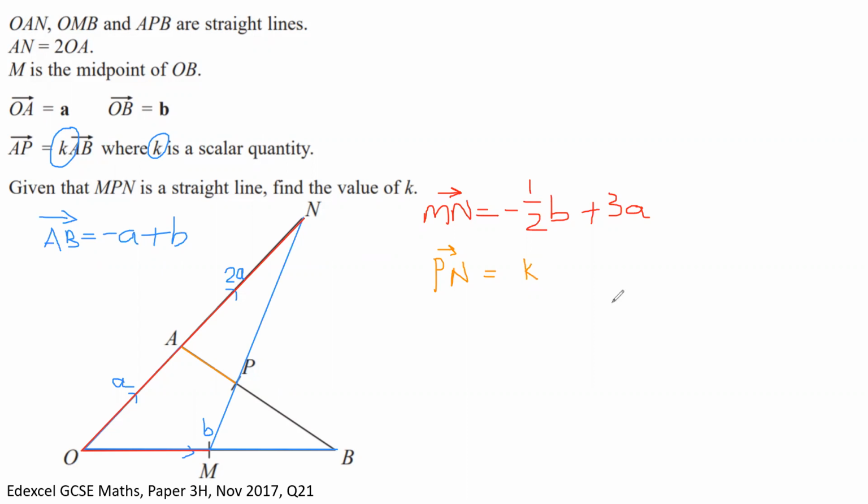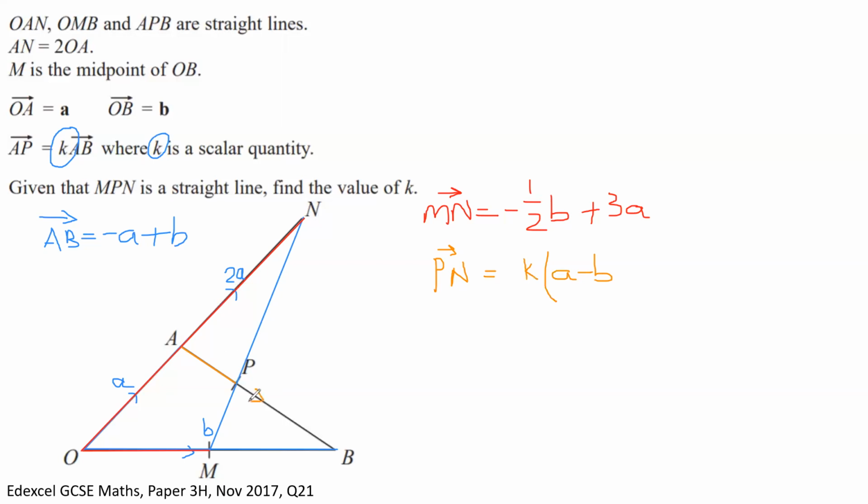of A to B. Now we know that A to B is, as we've done here, we've said that it's a half of B, because we know that it's a half. With this one, we don't know what fraction it is. We just know that it's K. And again, because we're going backwards, we need to reverse the signs on this. So rather than having minus A plus B, we'll have plus A minus B, because we're going the reverse direction.